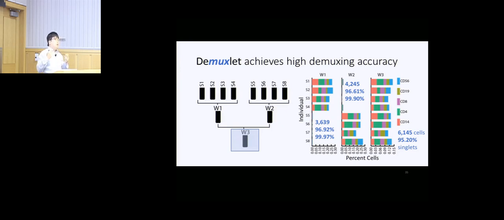And one advantage I didn't mention clearly is that if you have very valuable cells that you don't want to lose much, with the traditional approach you will lose a lot of cells stochastically. But if you increase the cell loading, you will minimize the cell loss, and you have to filter out the doublets, but still you will save a lot more singlets using this approach.